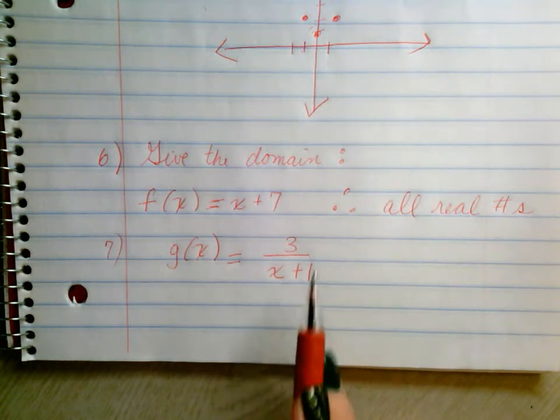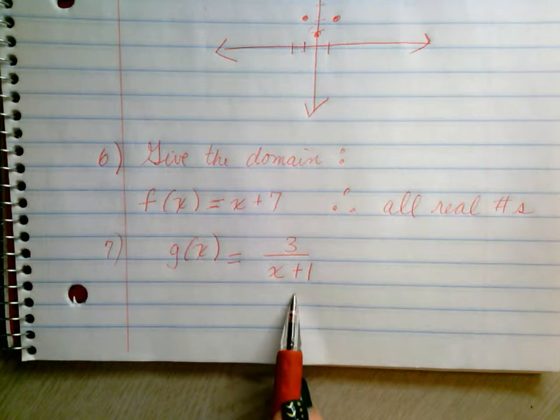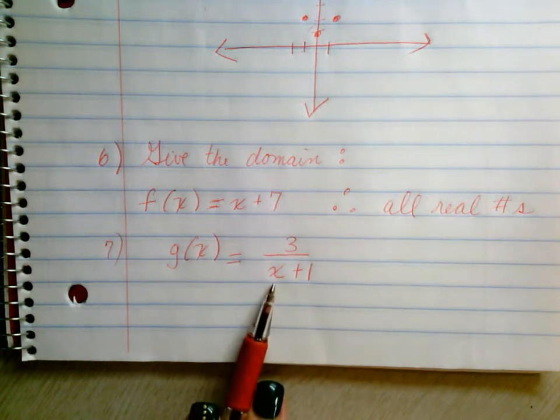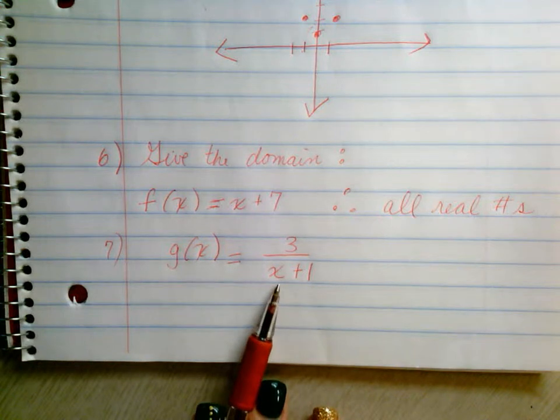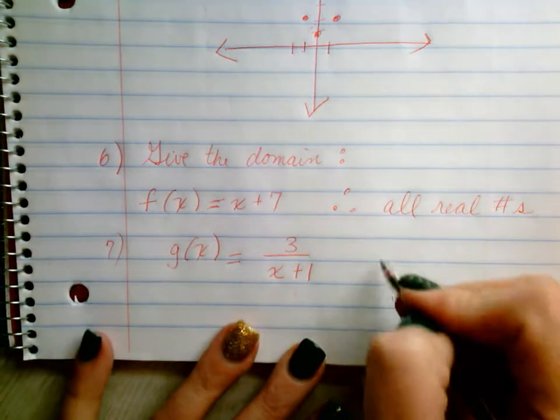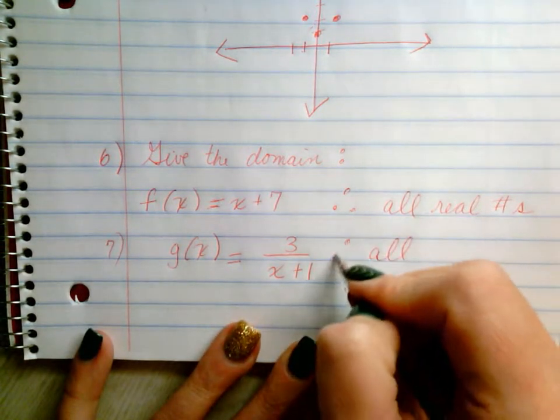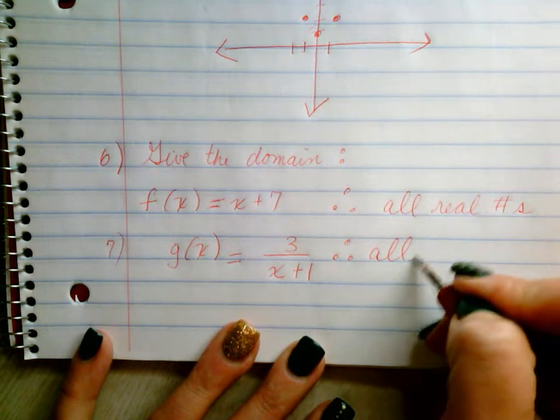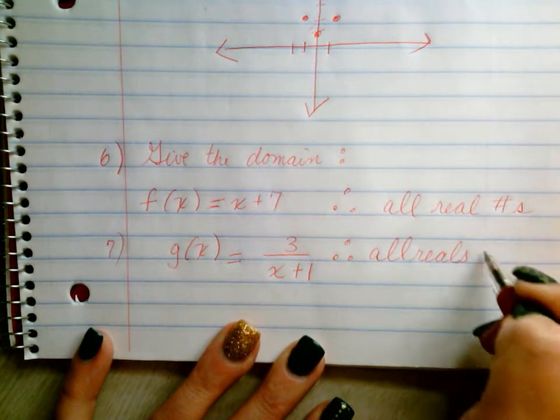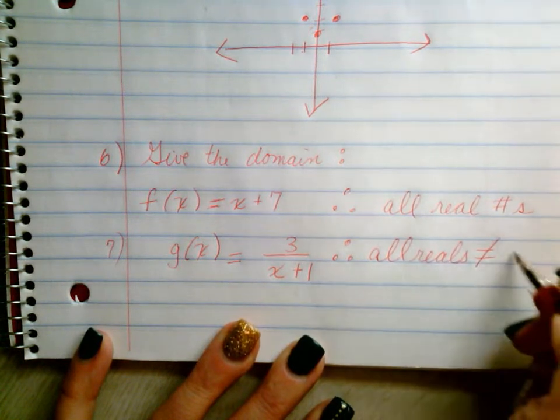Therefore, if my divisor cannot equal 0, then anything that causes this to be a 0 is nonsense. Agreed? What x value would cause this to be a 0? -1. That means the answer for this, the domain can be all reals, but not a -1.